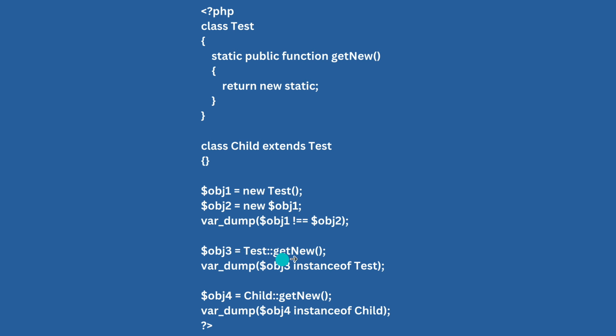So I'm just giving one layout of how a class looks. This is also what a class looks like. Then object 4, this is child colon get new. You are calling this one, and it's also creating object 4.